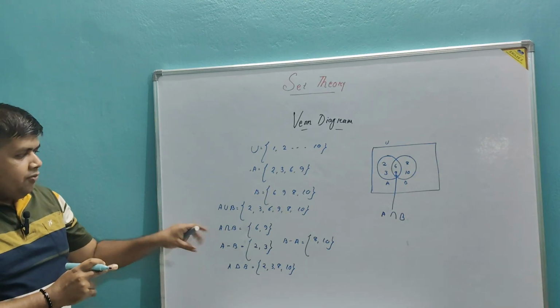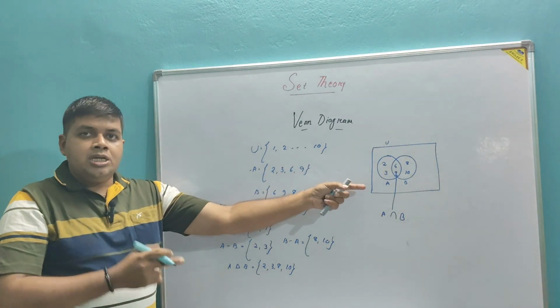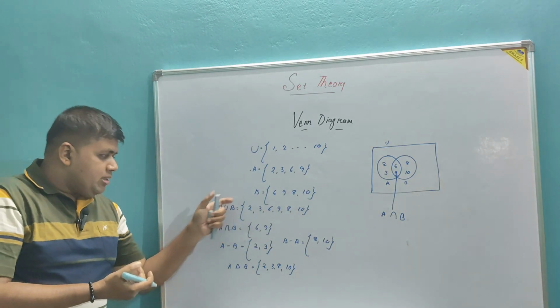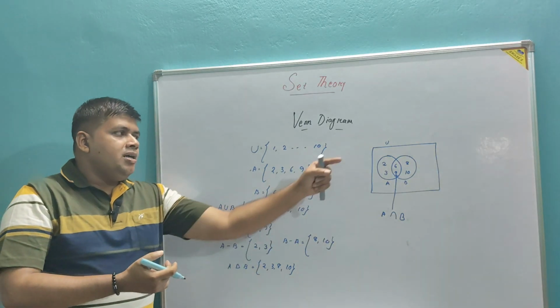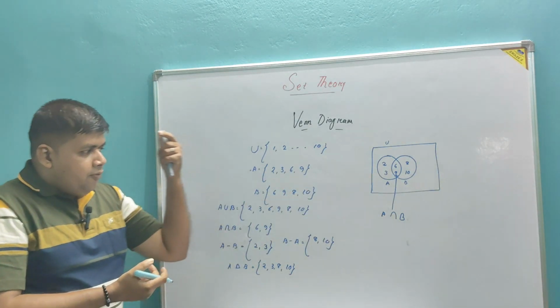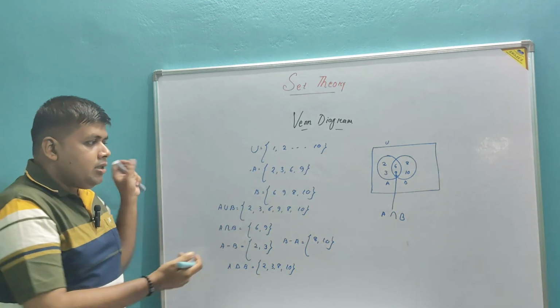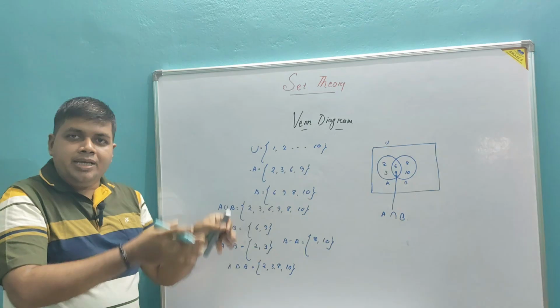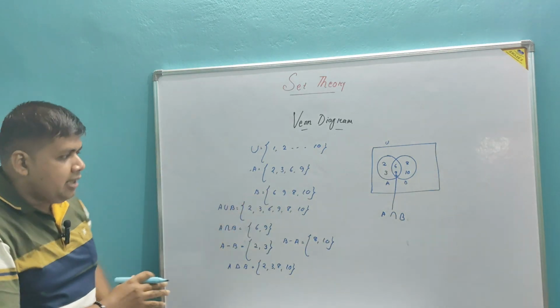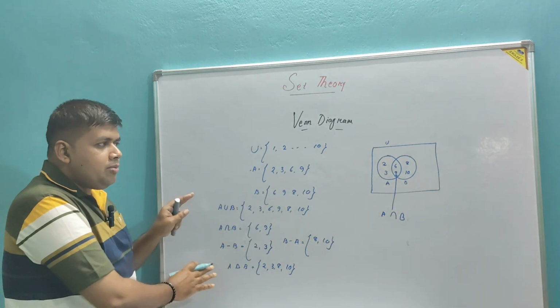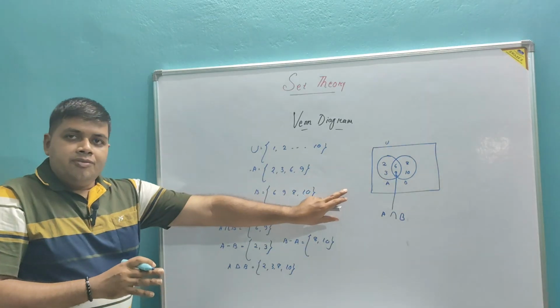That's the way of representing different operations using a Venn diagram. For Cartesian product, we can't use a Venn diagram directly, but we can make the two sets and connect the elements. However, for the basic operations, we can use a Venn diagram.